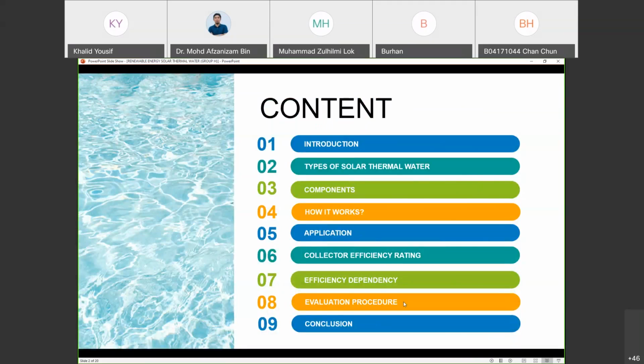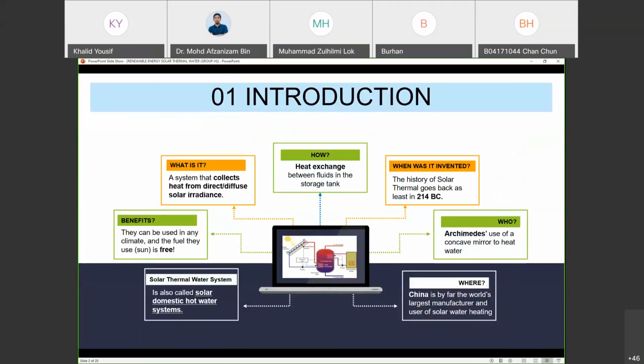These are our table of contents. Let's first start with what is the solar thermal water? It's a device that heats water by using sunlight and a thermal collector, also called the solar domestic hot water system. It works by heat exchange between fluids in the storage.